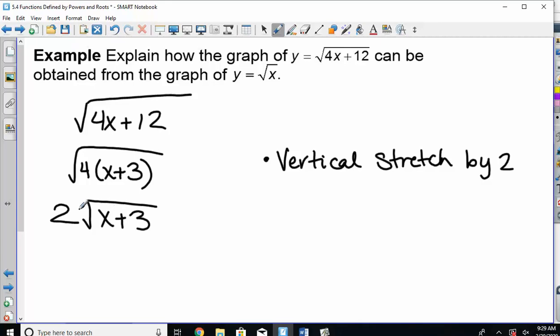If it's outside, a number bigger than 1 stretches, a number smaller than 1 shrinks. It's like taking your height. So if I take my height times 2, I get taller. If I take my height times a third, I get shorter. And what would the plus 3 do? Okay, and that's it. I didn't ask you to actually draw it, I just asked you to describe.